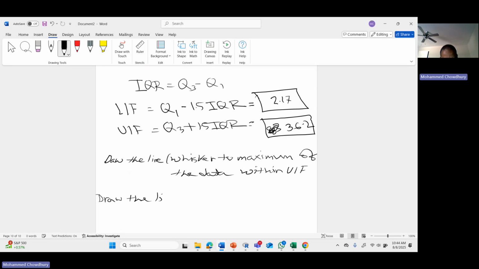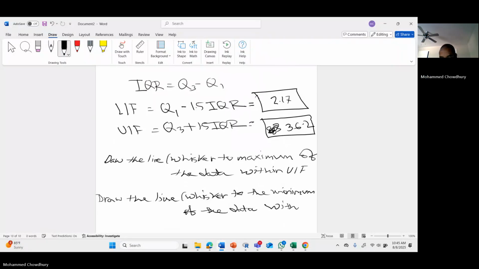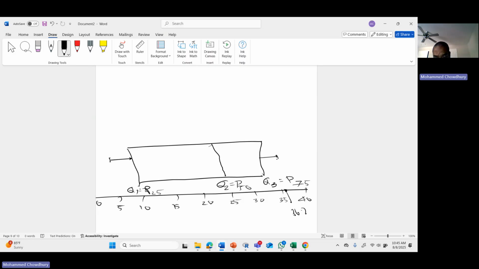Draw the whisker line to the minimum of the data within the lower inner fence. So this is the way you need to understand these things. Any data that falls beyond this is known as an outlier.